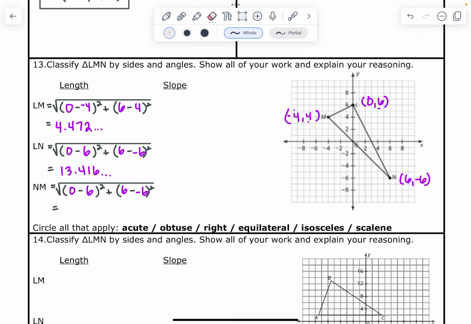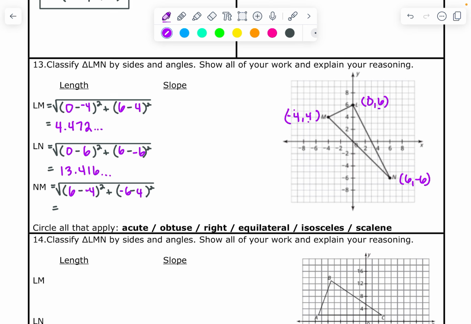Let's do NM. I'll erase what we have before to replace it with what we need now. For NM, N is 6, -6, and M is -4, 4. It's looking like 10, 10. So the square root of 10 squared plus 10 squared.